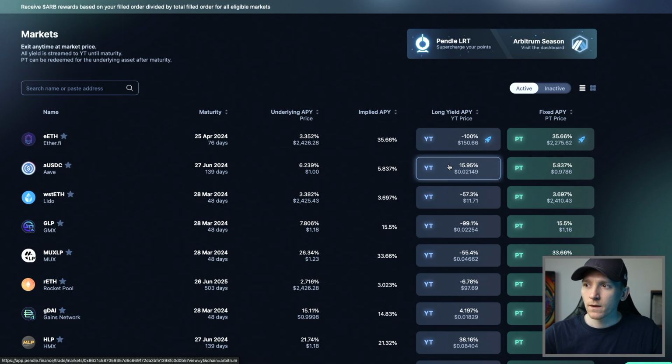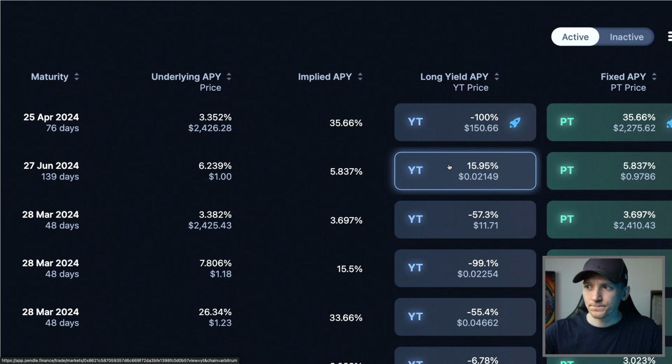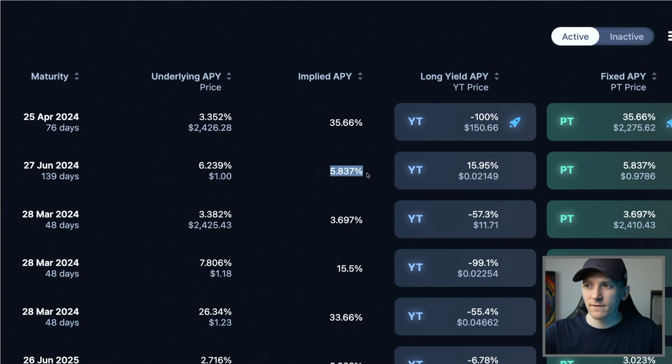And right now, you can see that the YT, where it's trading at, the implied yield of YT is this. It's 5.837%. So if you're buying YT right now, you're paying 5.83% to the other people that are fixing their income.